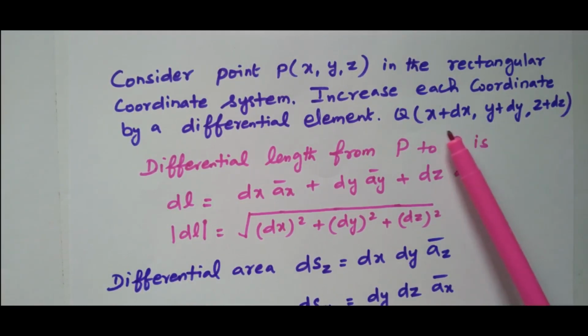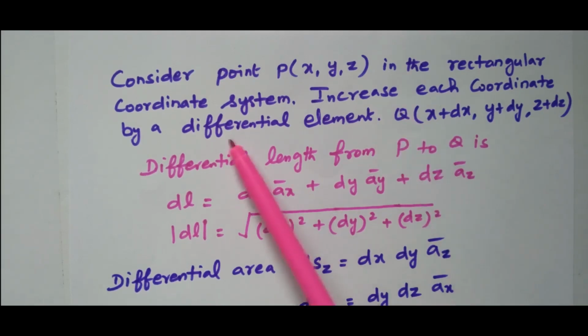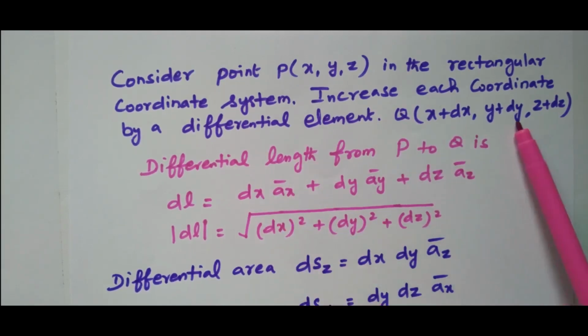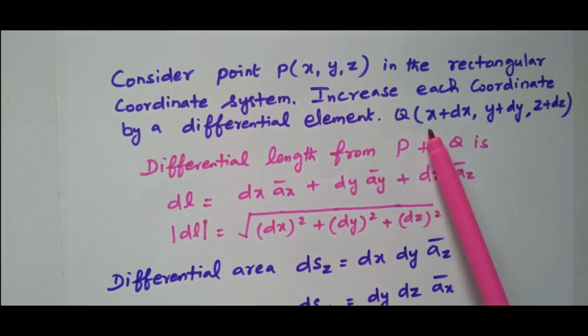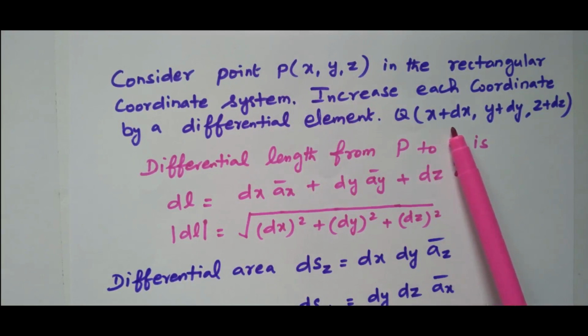It is incremented by the differential elements dx, dy and dz, so that we can calculate the differential area, volume and length, right? Now we already considered point x, y, z. Now it is increased to x plus dx, y plus dy and z plus dz, right?